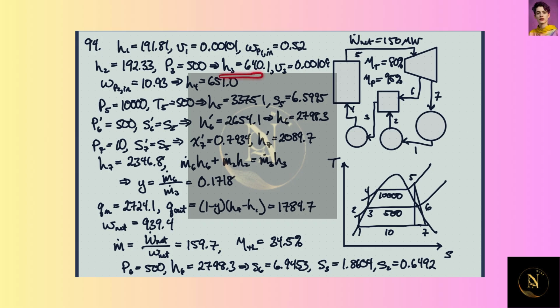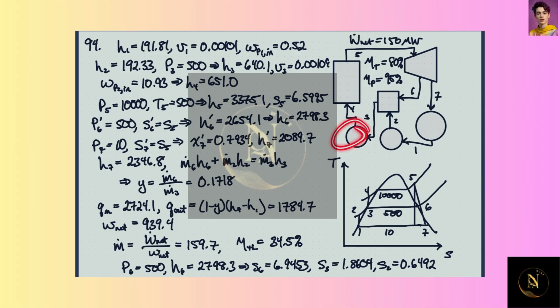So we can get the enthalpy and the specific volume. And then because we know the specific volume and we know these two pressures, we know then the efficiency of the pump, we can get the specific work into the pump, and then we can get the enthalpy out of the pump using an energy balance on this pump here.